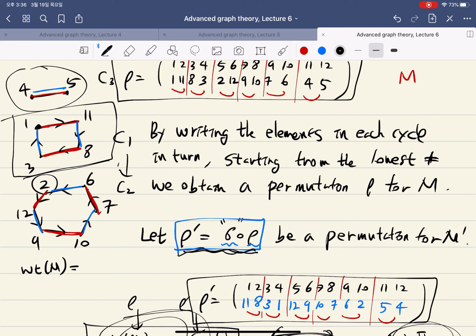The weight of M is the sign of rho times a sub 1, 11, a sub 8, 3, according to this.